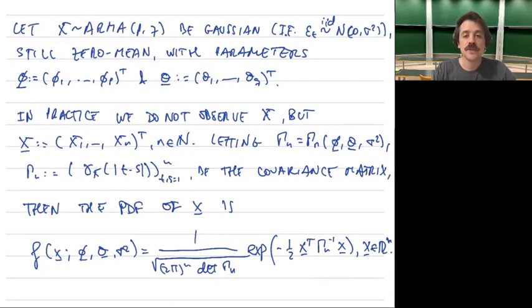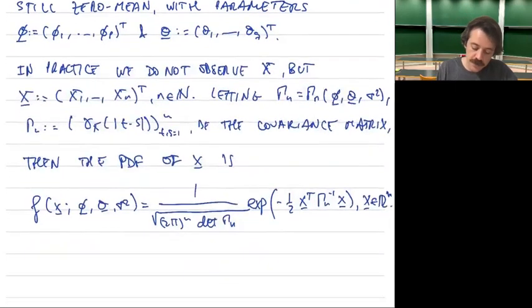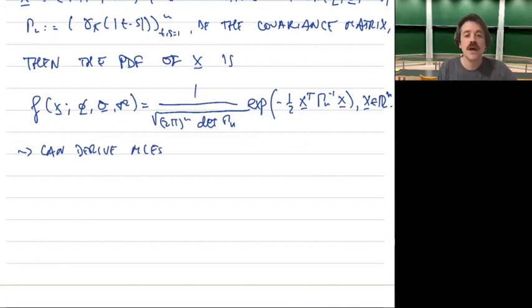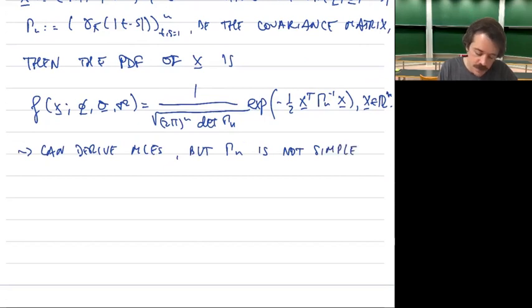So this is the PDF, which means we have all we need to derive MLEs. But there is an issue. This is not simple in terms of the parameters, because we need to compute it.